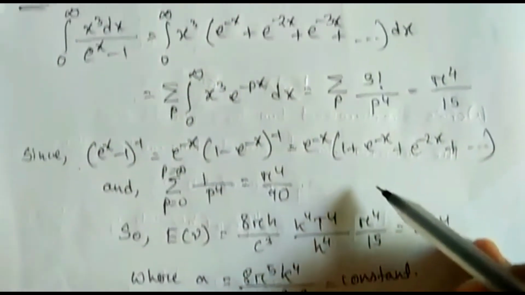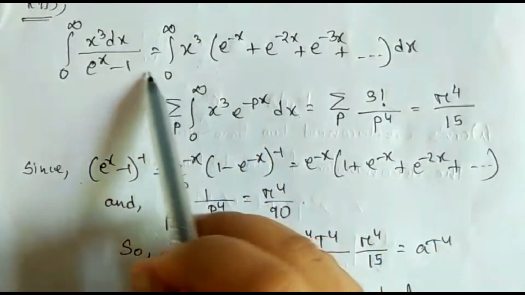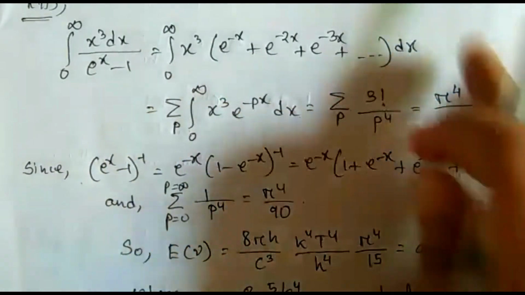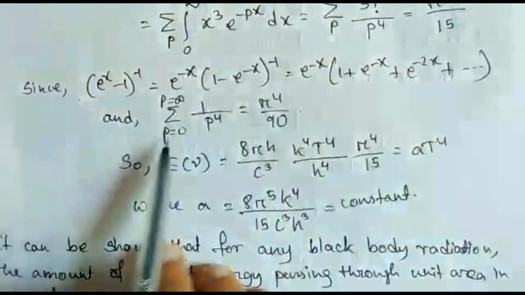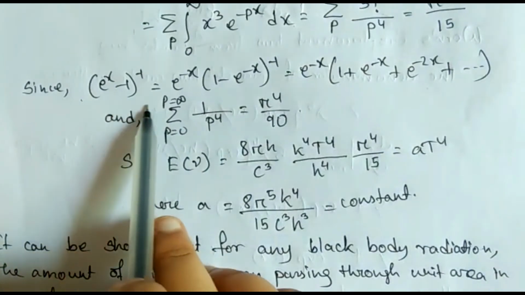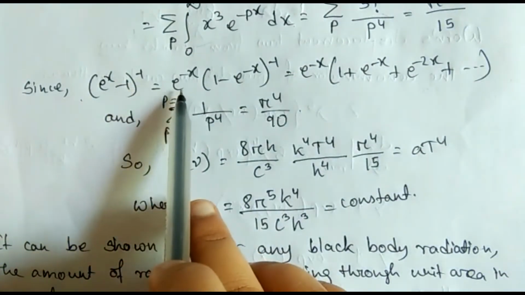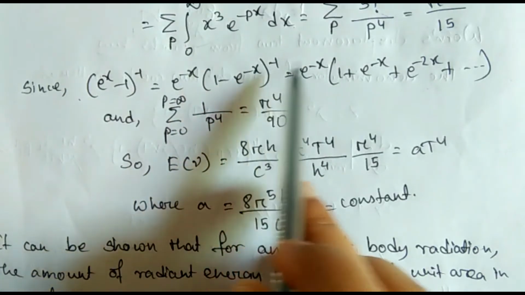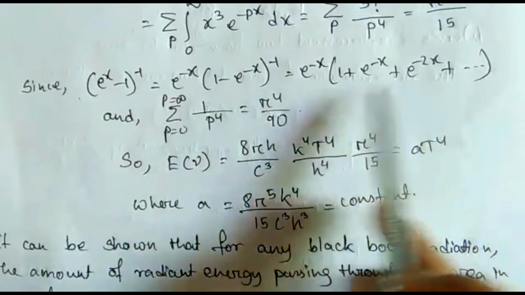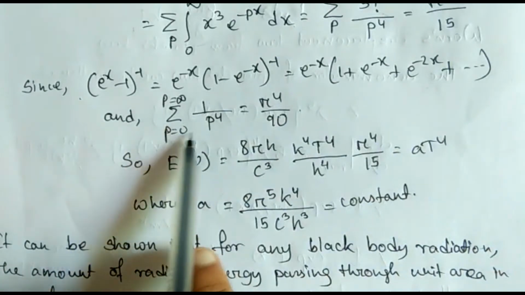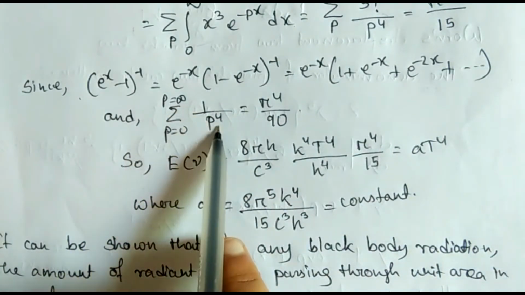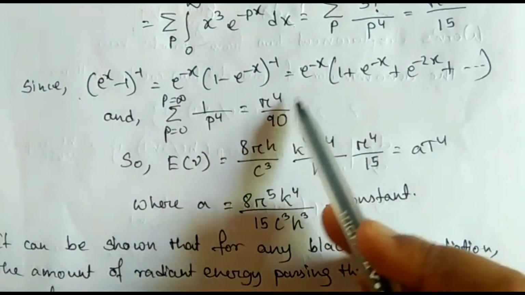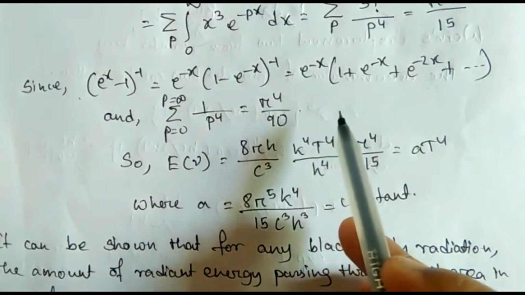In this derivation we have seen that 1 by e to the power x minus 1 becomes this one. Since the inverse of e to the power x minus 1 equals e to the power minus x times the inverse of 1 minus e to the power minus x, and the summation over p from 0 to infinity of 1 by p to the power 4 equals pi to the power 4 by 90.